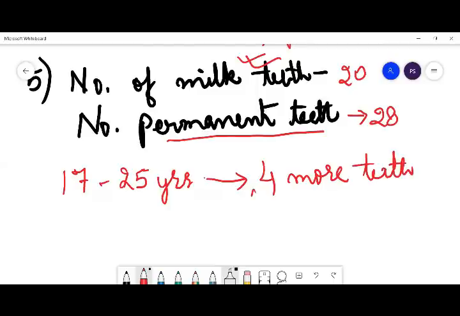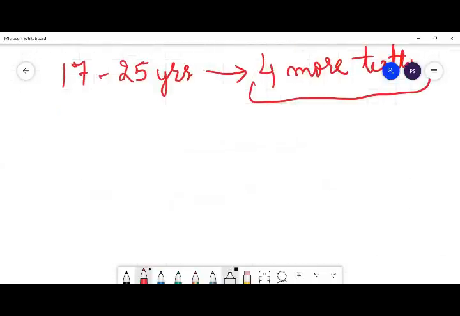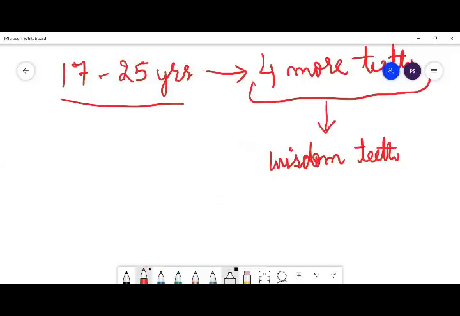What are they called? They are called wisdom teeth. Now, at this age, what will be the total number of teeth?